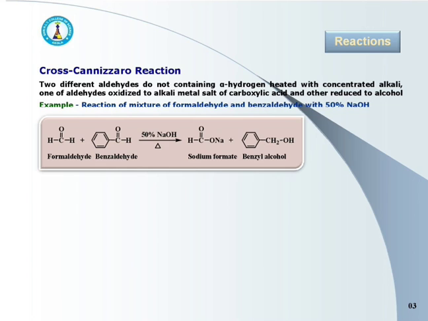Next is the cross Cannizzaro reaction. The reaction in which two different aldehydes not having alpha hydrogens are heated with concentrated alkali is called the cross Cannizzaro reaction.